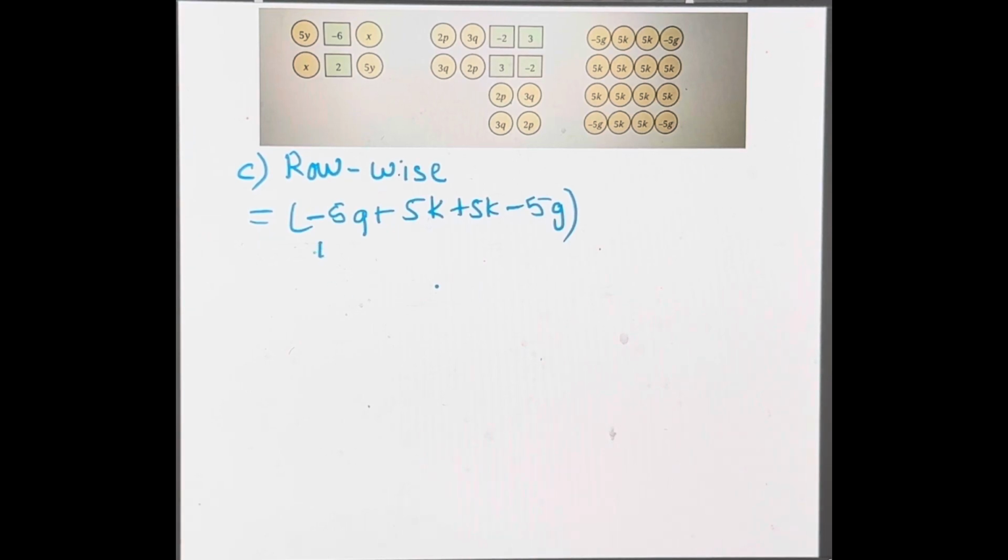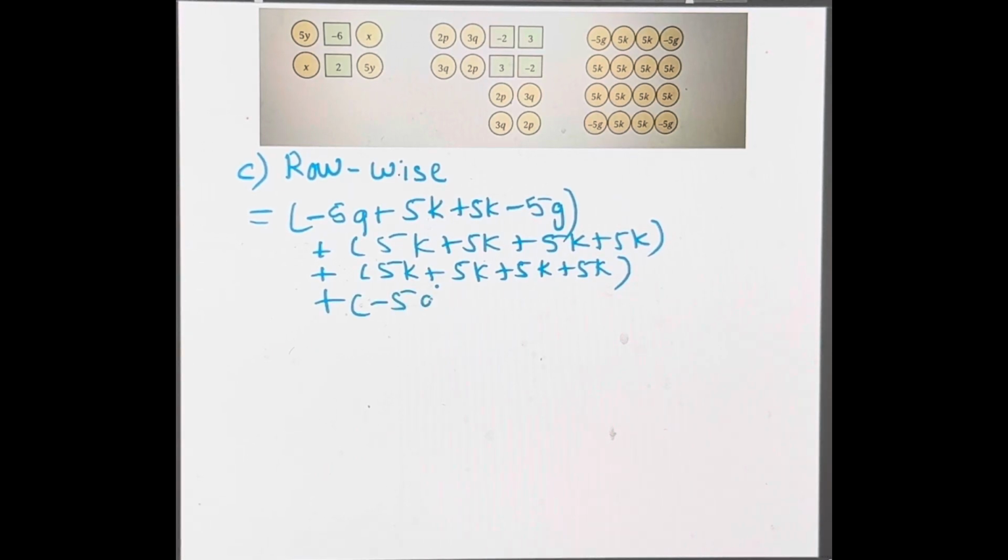Then second row it is 5k plus 5k plus 5k plus 5k. All are k's. Again third row, again it is 5k plus 5k plus 5k plus 5k. This is the third row. And the last row is similar to the first row.